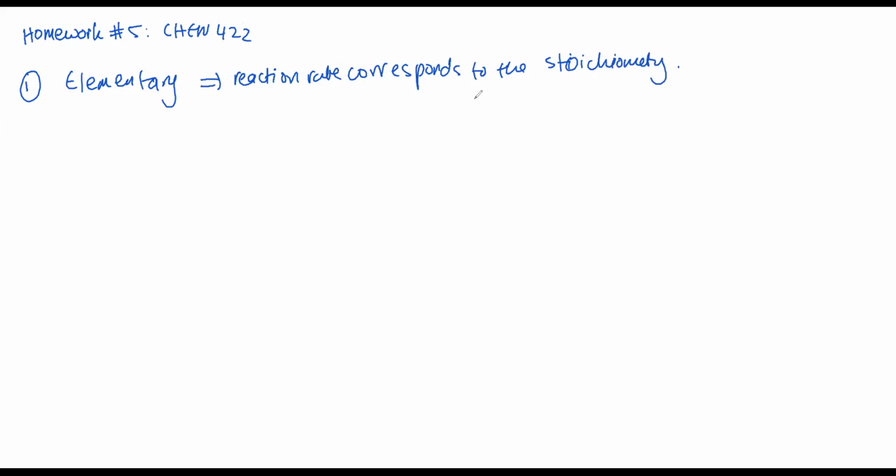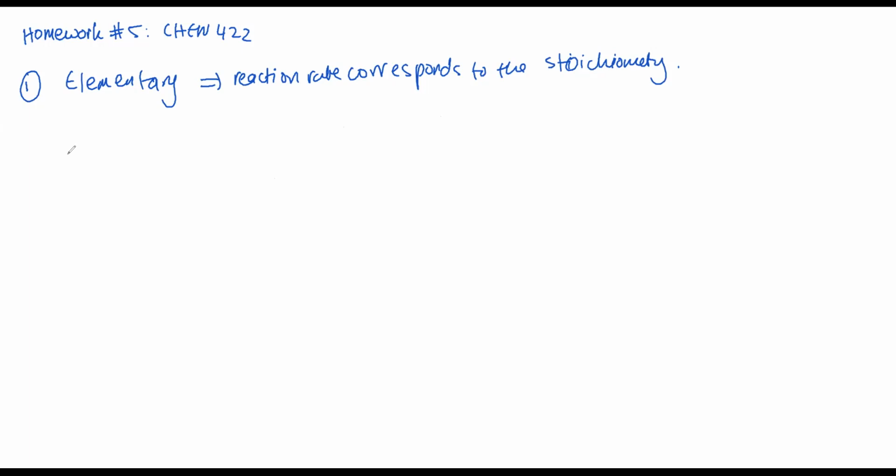So basically, if I have 2A goes to B, your reaction rate is k C_A squared, unlike non-elementary reactions where this is not true. For non-elementary reactions, it is not valid to write your reaction rate based on stoichiometry. So let's write the four equations. I'm just going to copy them from here.